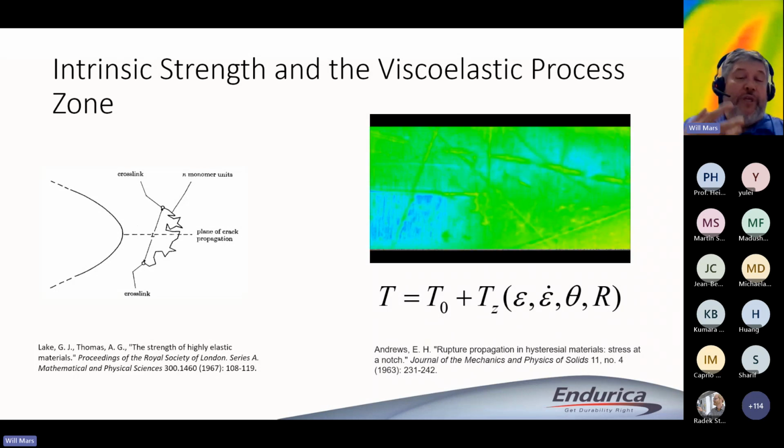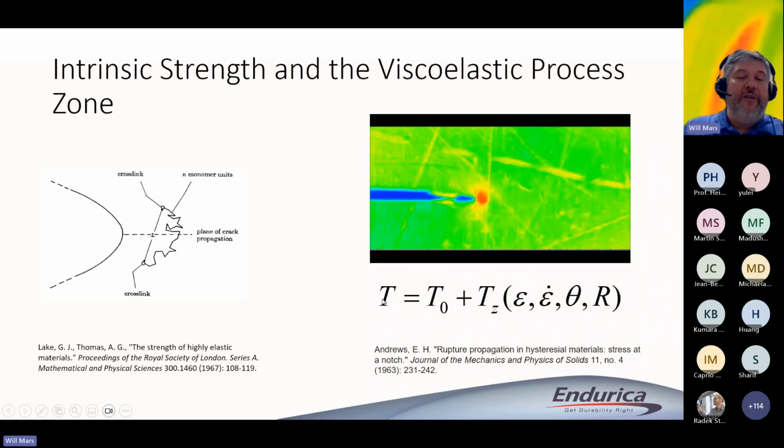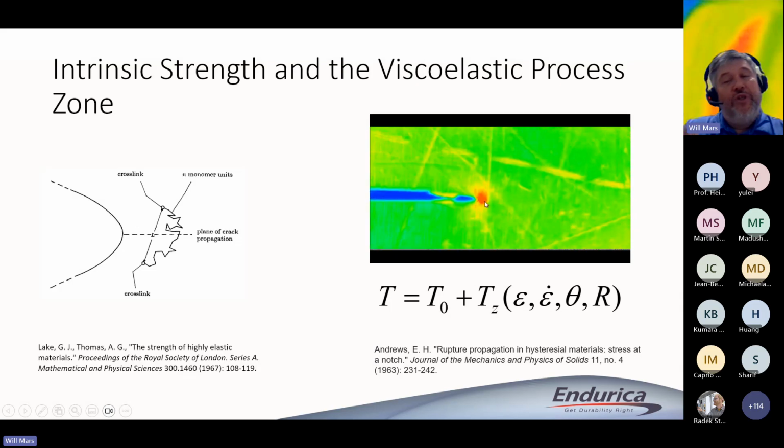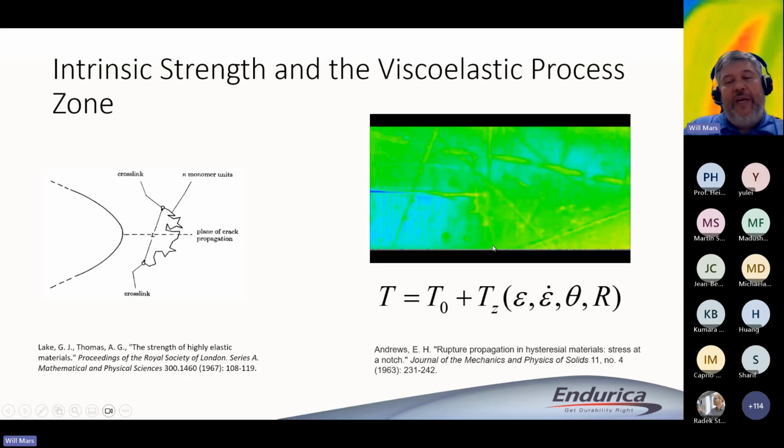Now, of course, when we do actual fatigue experiments at a constant rate of crack growth, you typically notice that the tearing energy does have a strong temperature dependence. The reason is that in addition to having to supply the energy T0 to break the polymer chains at the tip of the crack, the only way that these polymer chains get loaded up to break is if you also load up all the neighboring chains nearly to break, which produces a lot of viscoelastic dissipation.